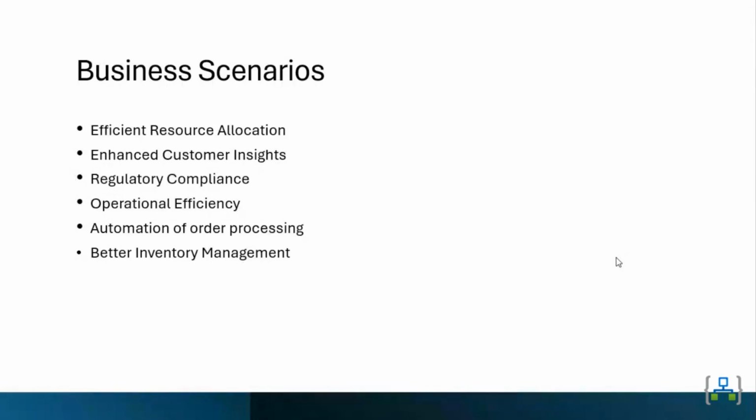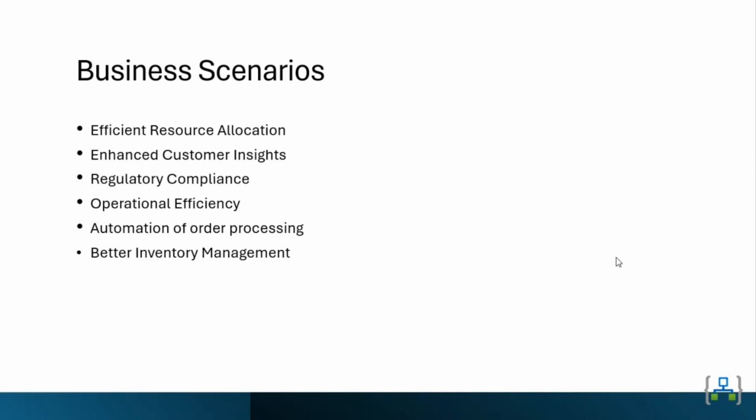Then the integrated system ensures that all customers' interactions are recorded and reported in compliance with financial recording. And that will help in automation of the order processing. We have different departments of the system, we will integrate them, and that will present a unified view, as mentioned before as well.